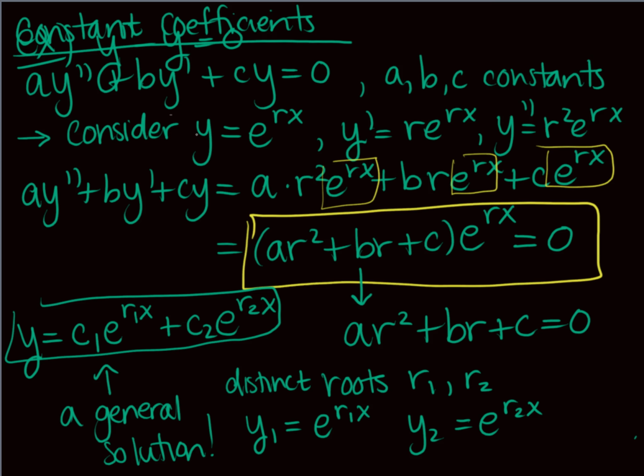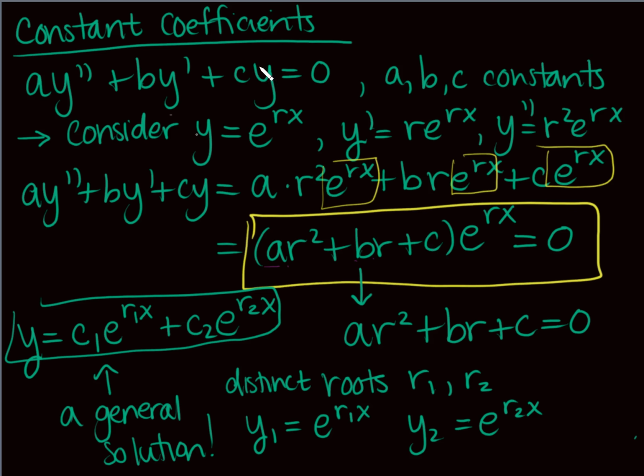Okay, so for example, let's look back at that problem that we've done like three times already. I have y double prime minus y equals 0. How are we going to do this? Well, what I need to think about is ar squared plus br plus c.